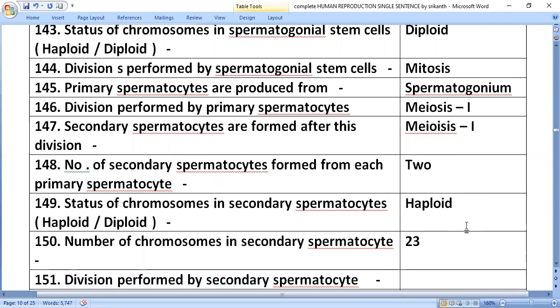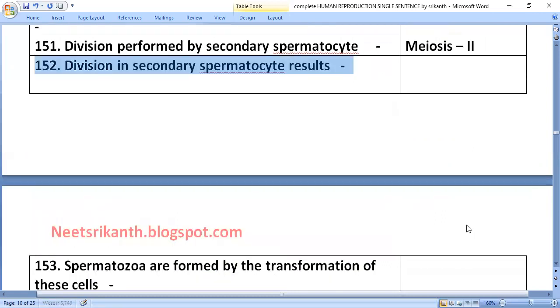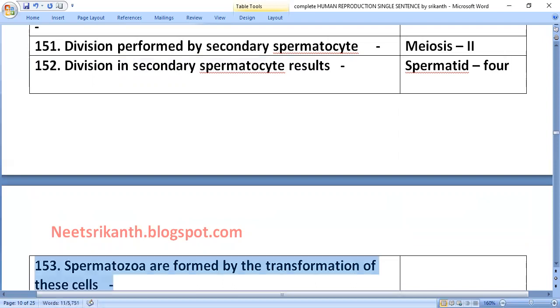Division performed by secondary spermatocyte: meiosis 2. Division in secondary spermatocyte results in the formation of spermatids. 4 equal sized haploid spermatids are formed.